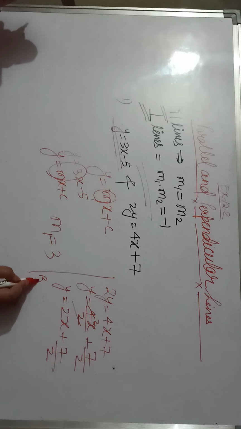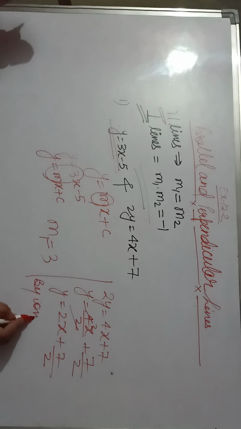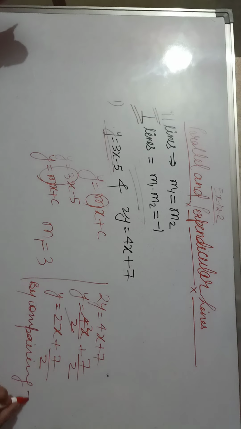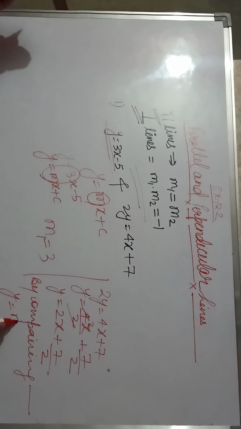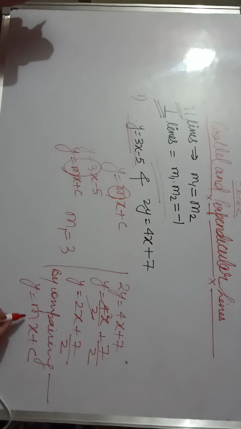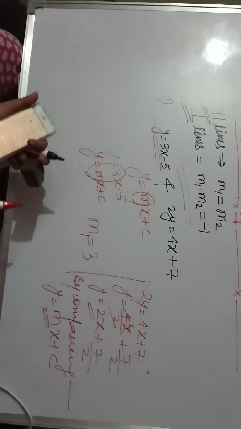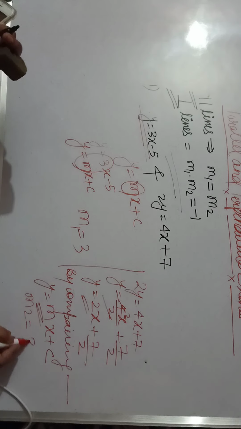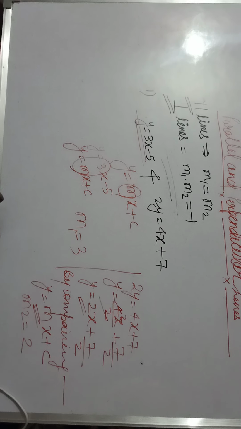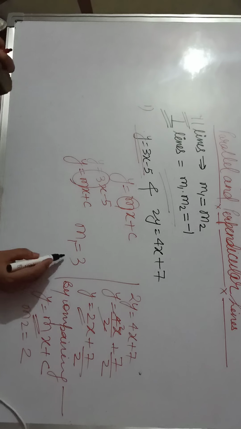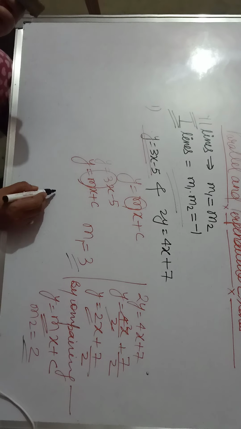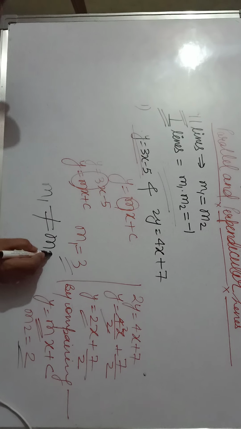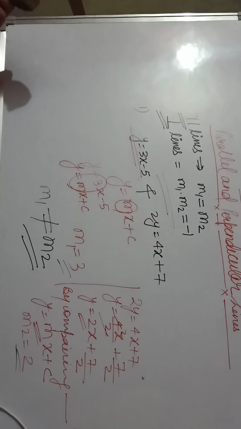By comparing with y is equal to mx plus c, the value of m is 2. This is the second line, so the slope m2 is 2. Here m1 is 3, m2 is 2. They are not equal, so m1 is not equal to m2, so it is not parallel.